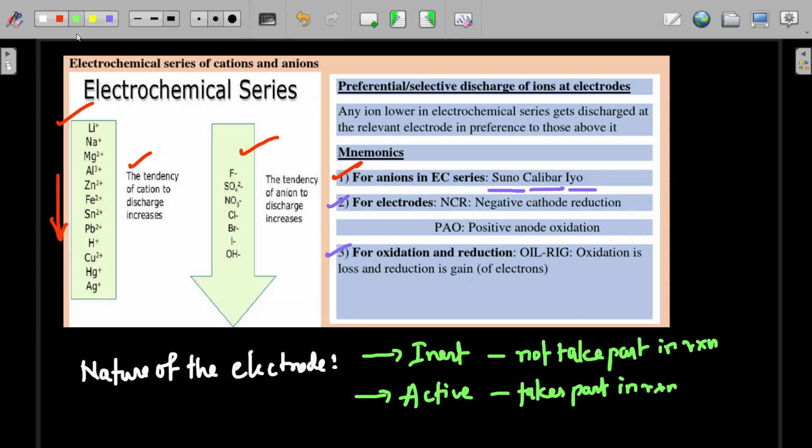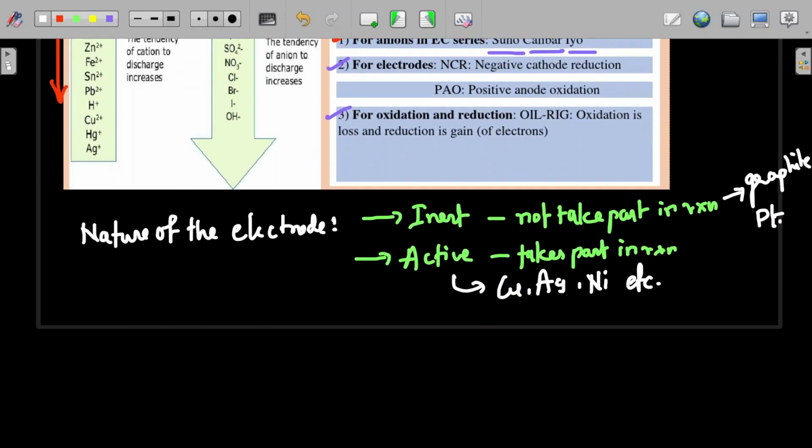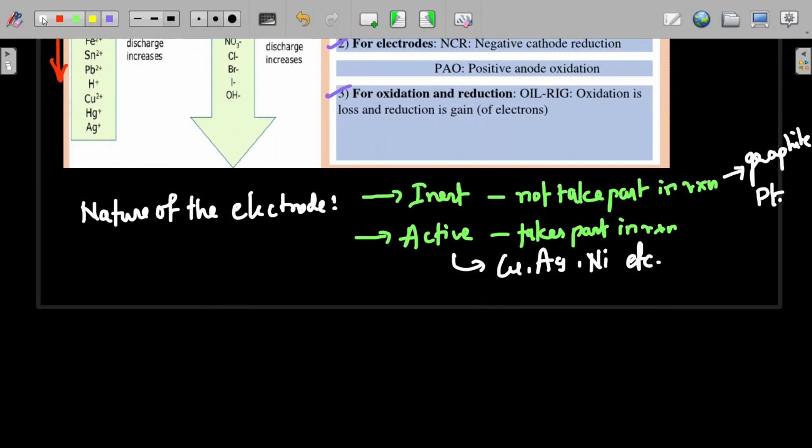We have only two inert electrodes, graphite and platinum. And active electrodes will be any other metallic conductors, copper, silver, nickel, etc. So this will also decide the product. With examples, we'll see in upcoming slides.